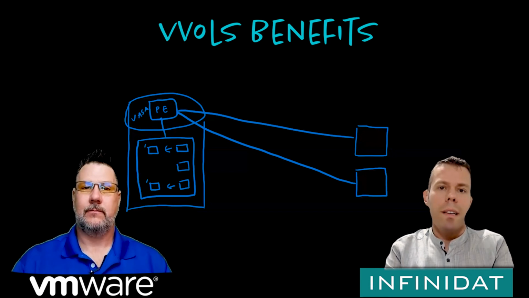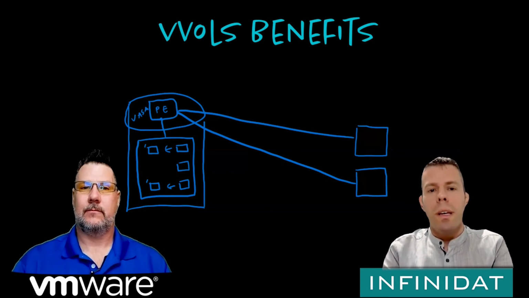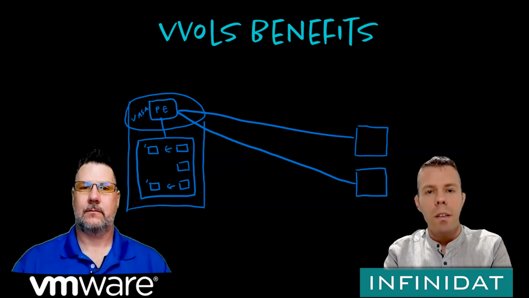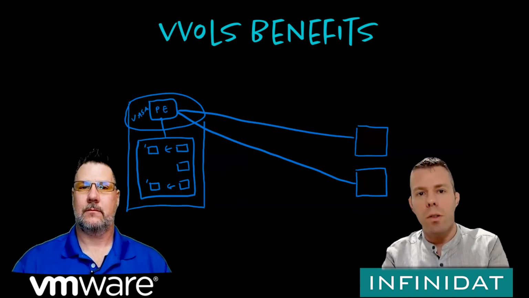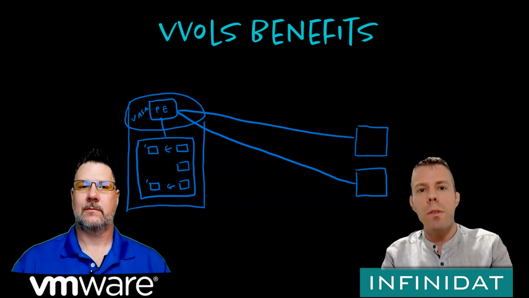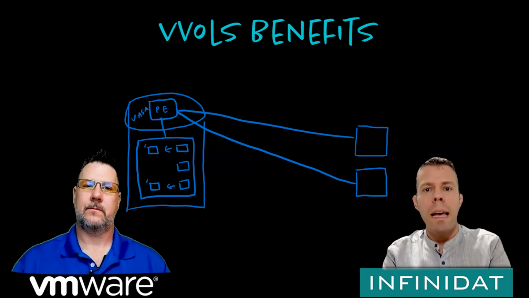Exactly. And the second thing SPBM lets you do is create different classes of storage inside your storage system, where you can have multiple containers or multiple regions. Again, you only have to do that one time during setup, but now you can divide your system into different regions and advertise different capabilities into different containers.